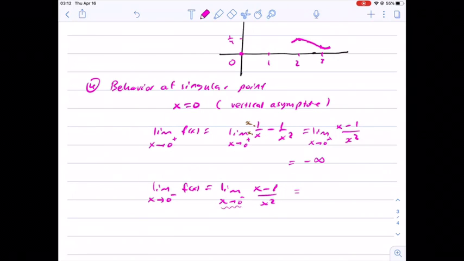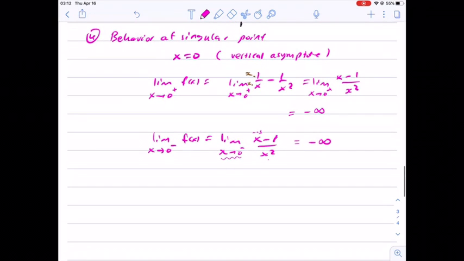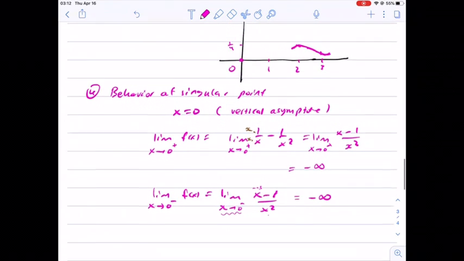We should get a negative sign here, because if we substitute a value that's very close to 0 from the left, it's negative. Let's say negative 0.5. Minus 1 is still negative, and when we substitute in the denominator, we get a very large number when we take reciprocal, so that's negative infinity as well.